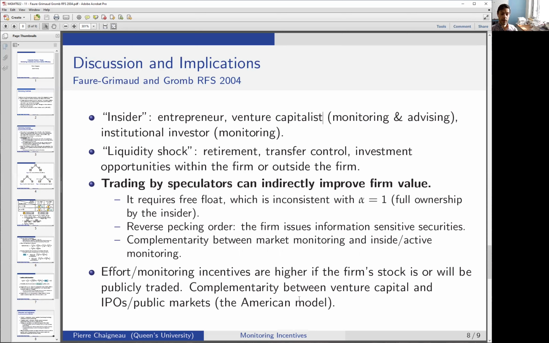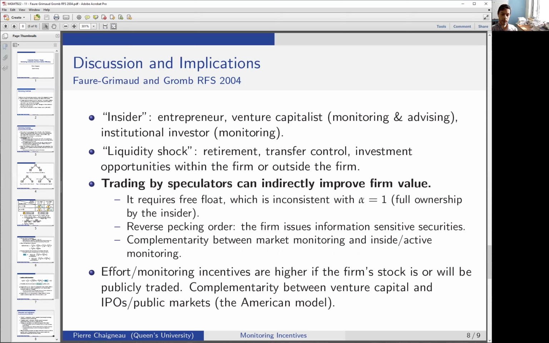And that suggests that the American model, in which you have both a vibrant venture capital industry, in which venture capitalists exert effort to make actual value improvements in the firms, but you also have very active public markets and firms that are taken public through IPOs, can be complementary, right?